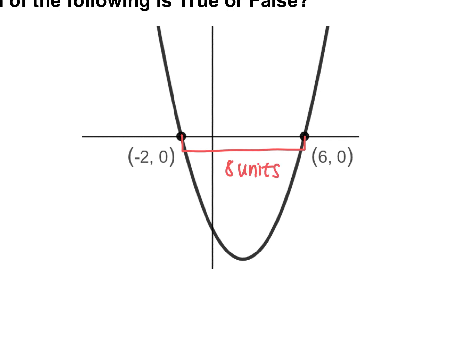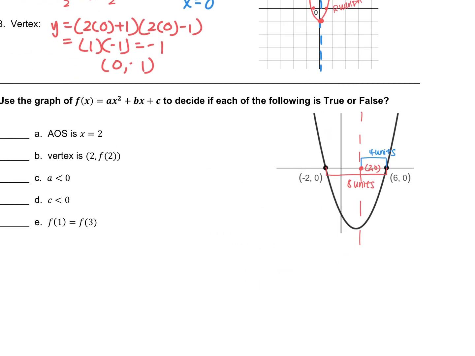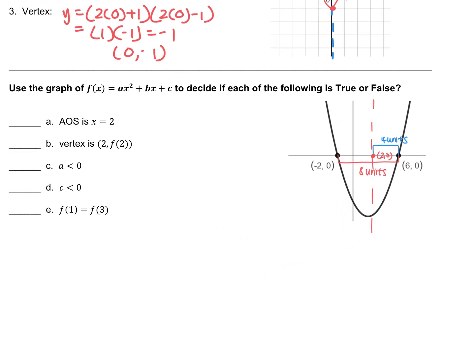So the axis of symmetry is going to be halfway at 4 units. And so then I think, okay, well, 4 units from 6: 6, 5, 4, 3, 2. So it's right here at (2, 0) is my axis of symmetry. So, is that a true statement? Yes, it is true.